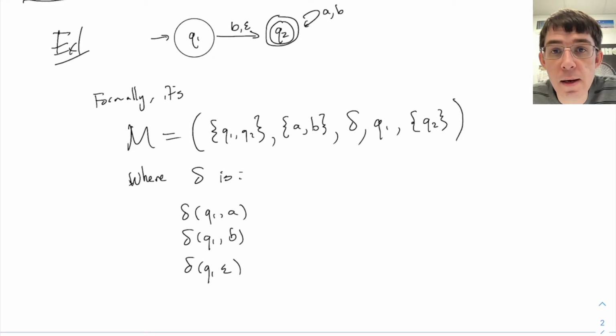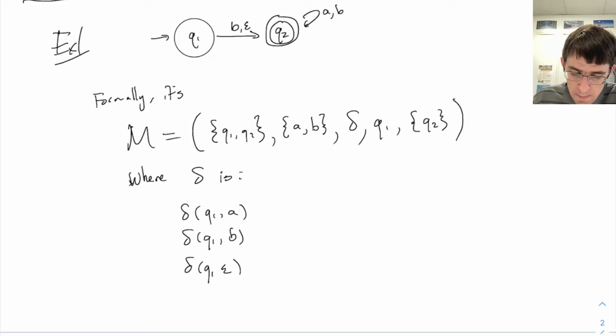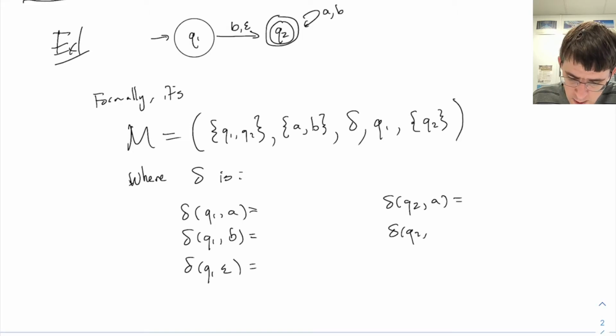In an NFA, you need to include epsilons to say where the epsilon arrows are. Maybe there are no epsilon arrows, but you still have to indicate them. And then I will eventually fill these in. I'm going to do delta of Q2 A. Each time I'm going to say what it equals, right? Delta of Q2 B and delta of Q2 epsilon.